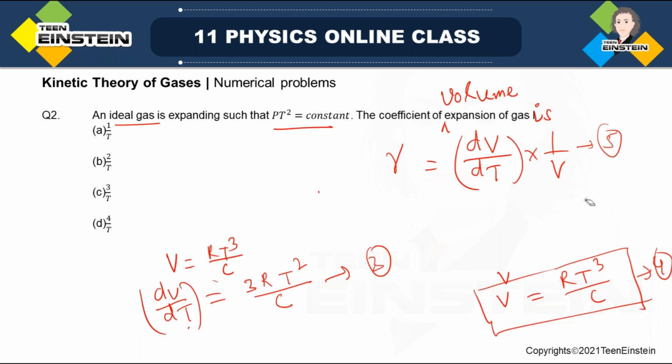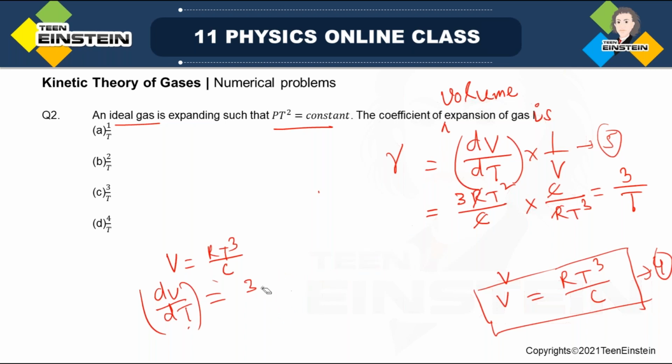Okay, so we'll write these values now. dV by dT is 3RT square divided by C. And what about 1 by V? 1 by V will be C by RT cube. Look here, C and C will get cancelled. So you will get actually 3 by T. So this is the answer.